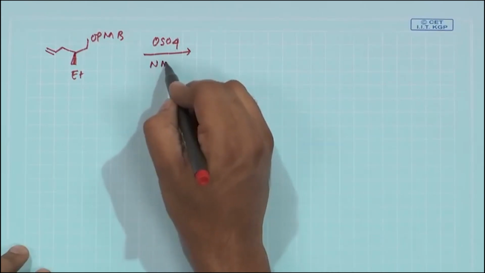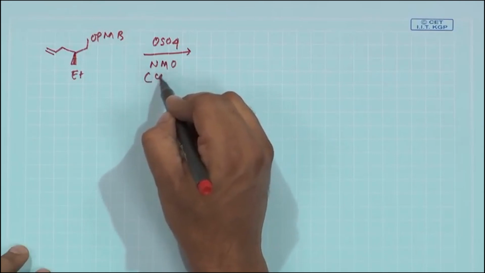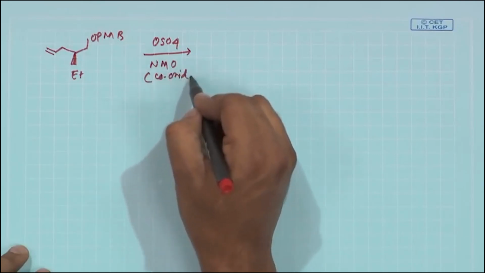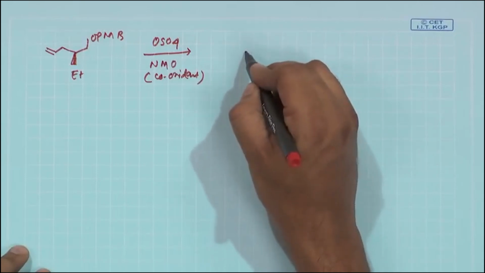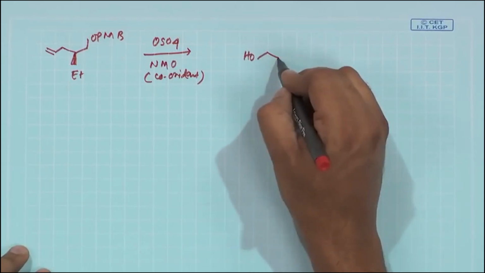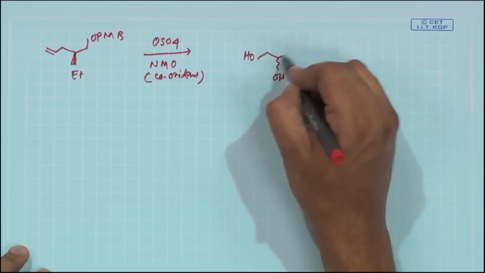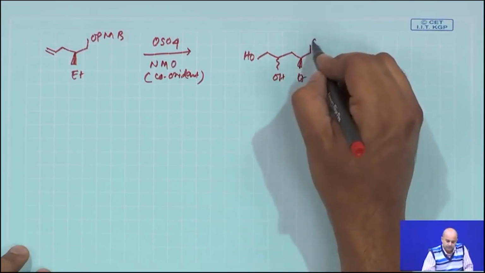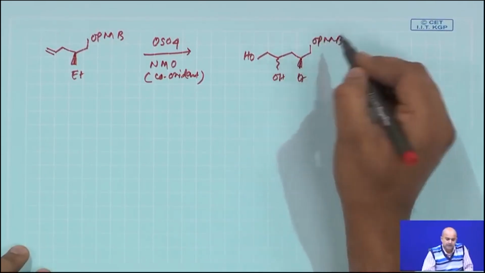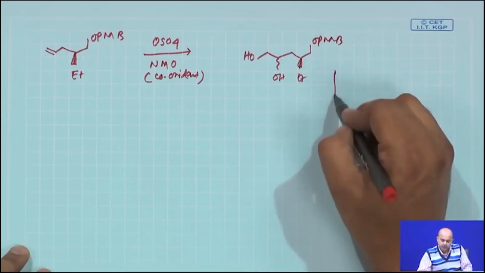You can use NMO as a co-oxidant, and this is a very standard straightforward reaction, and this will give you this vicinal diol with OPMB, and for the final target, the PMB group has to be deprotected.